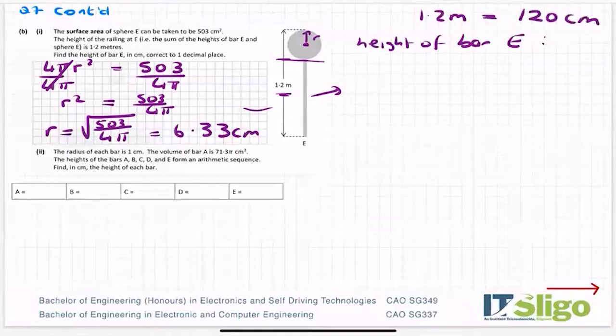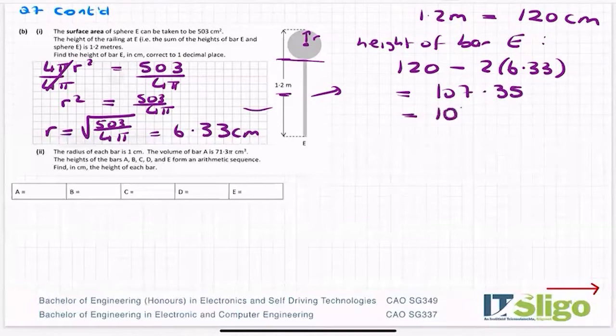That's 120 centimeters, 100 centimeters in a meter. So 120 minus 2 times 6.33. And that's what? 120 minus 2 times my answer. And I'm getting 107.35 for that.